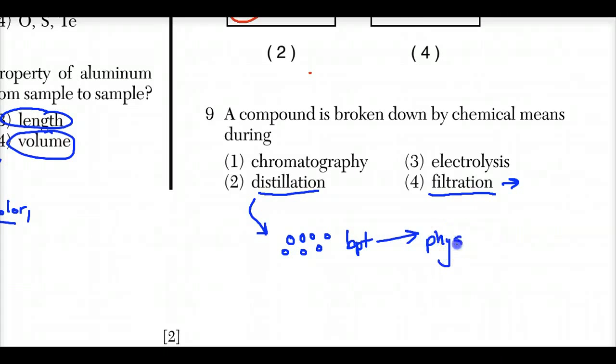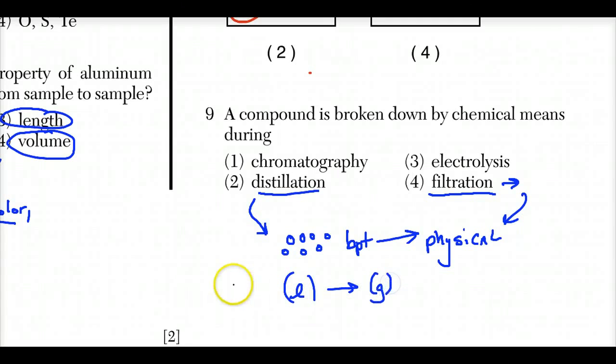Anytime you take a phase change, we're talking about physical changes. So we take a liquid and make it go to a gas, its chemical formula is not changing. The distance between molecules is. So distillation utilizes the idea that we're separating liquids based on their boiling point.